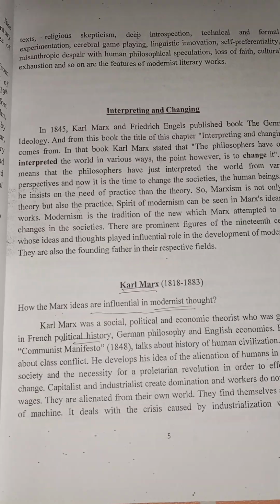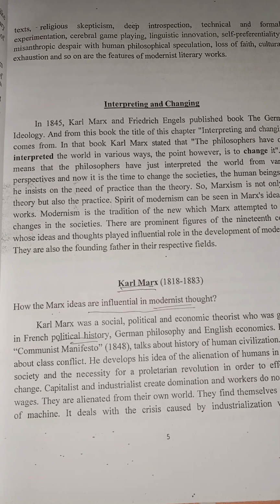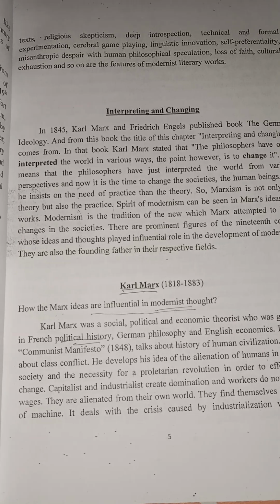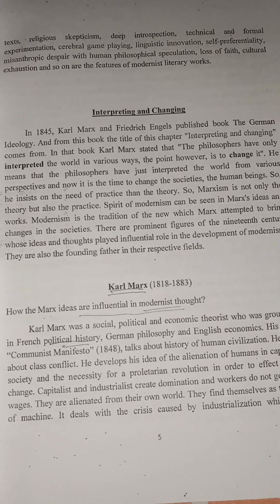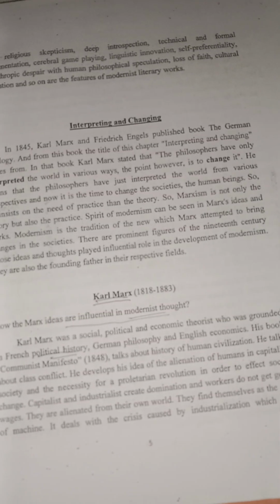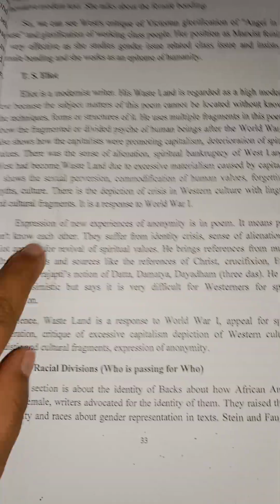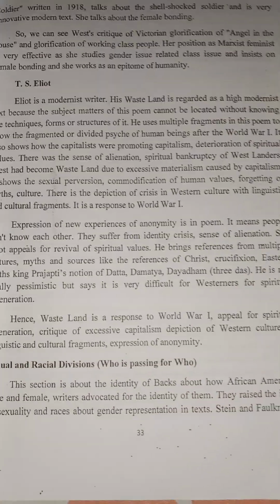So let's go to the point. He wrote about city life, crowds, and the fleeting isolations, showing the real face of modern life. His ideas inspired later modernist writers like T.S. Eliot. So we are going to talk about T.S. Eliot as well.